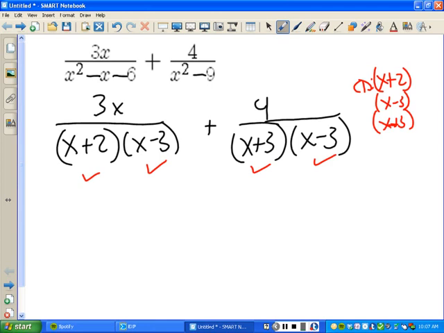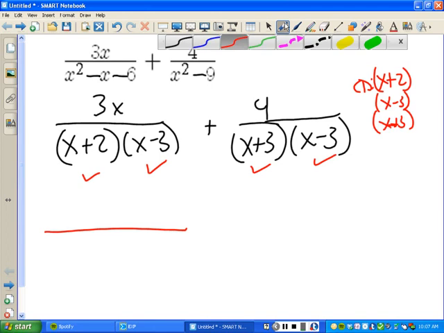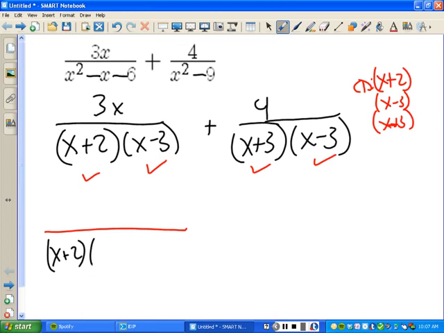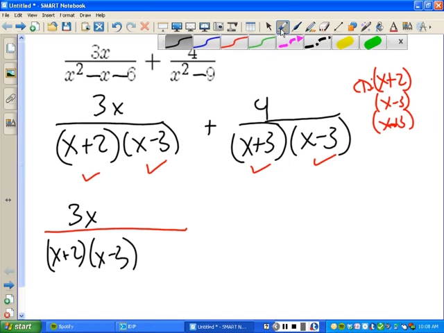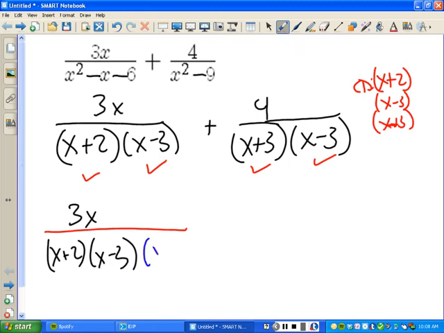Now, over here, I've got the x plus 2 and the x minus 3. Which one am I missing? I'm missing the x plus 3, right? So if I put the x plus 3 on the bottom, I must also put it on top.